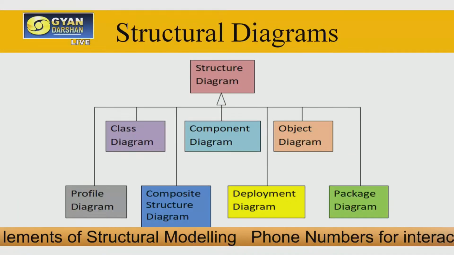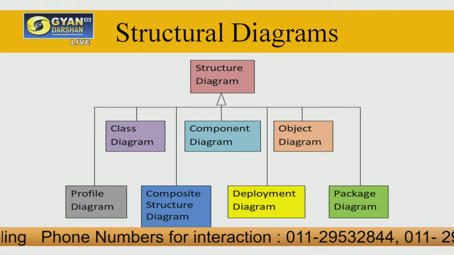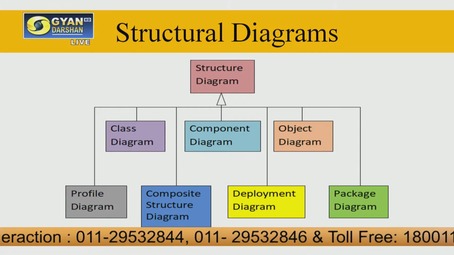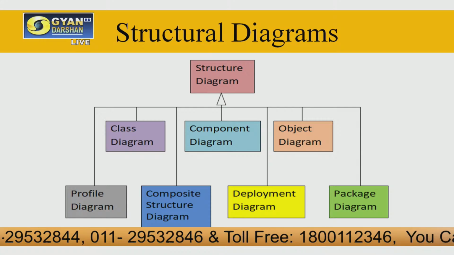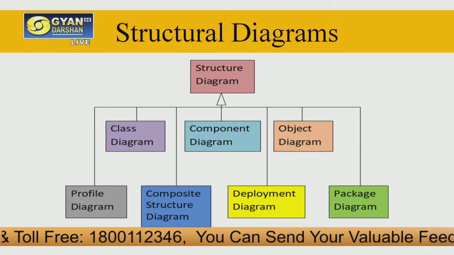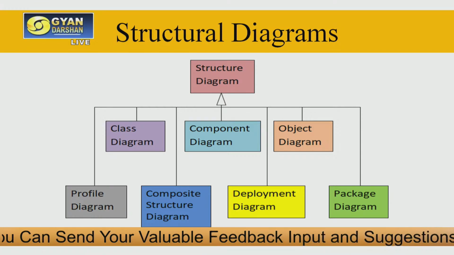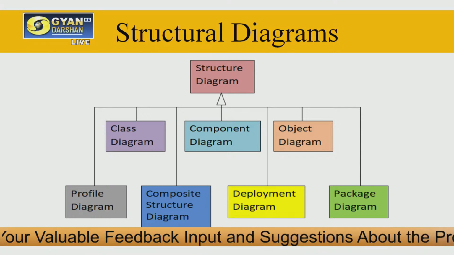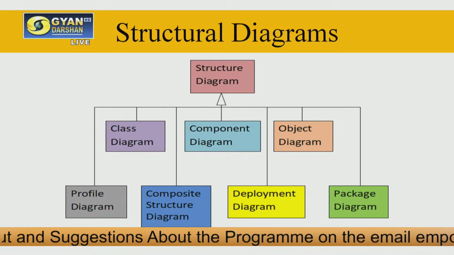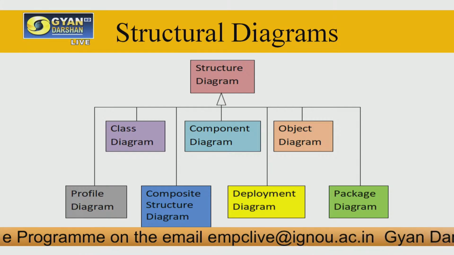Then comes the component diagram. As its name reflects, a component is a part having its own independent objective, and different parts combined together make a system. If we have different parts, each properly defined for a different objective, and we combine them to make the system, then we represent it through a diagram known as the component diagram.